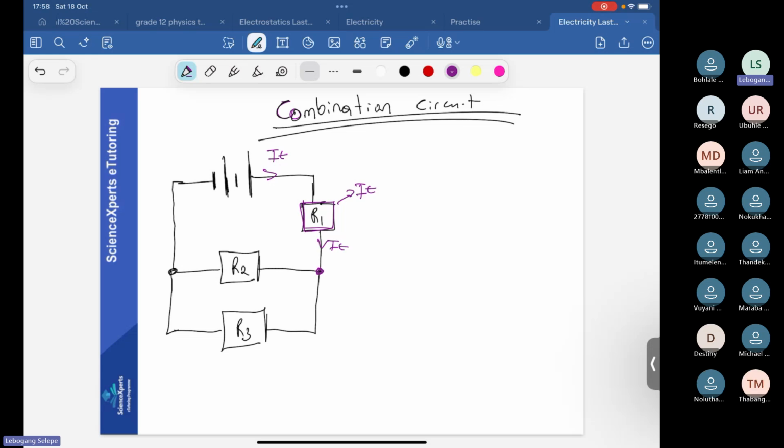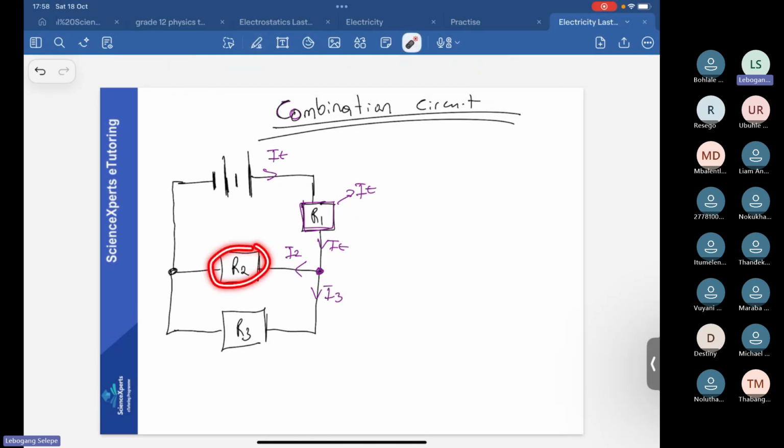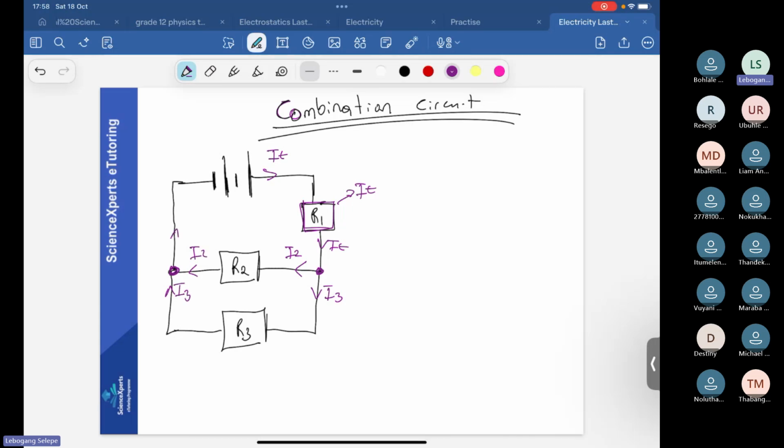Some of it would go there, I can call it I2. Some of it would go down there, I can call it I3. So this resistor would receive I2, this resistor would receive I3, then they would meet again here. I2 and I3 would meet here again to give us the total current again.